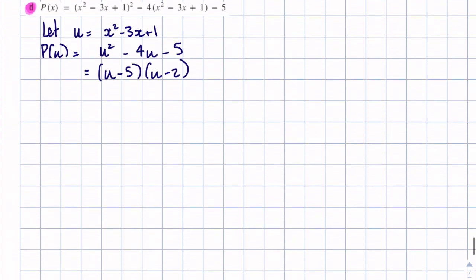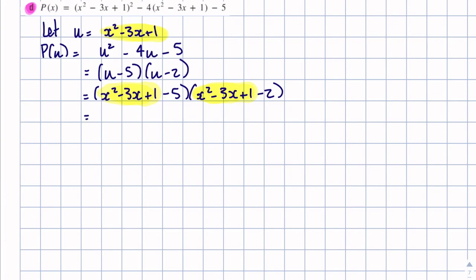Which means instead of u, I had x squared take 3x plus 1. So I'm going to rewrite that as x squared take 3x plus 1 take 5, x squared take 3x plus 1 take 2. So that was those.